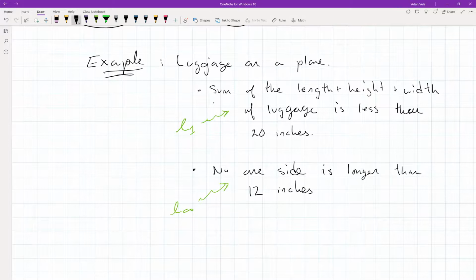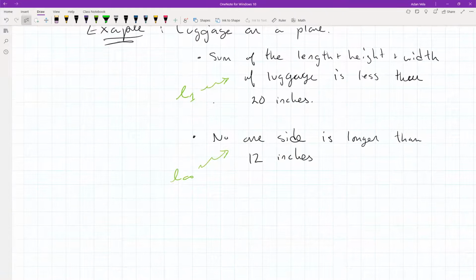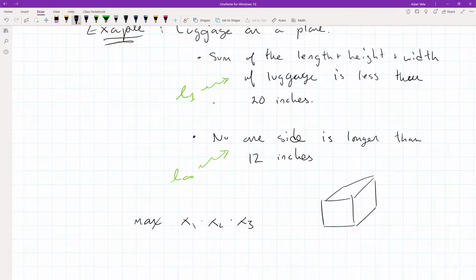So if we had a piece of luggage and our goal was to maximize the volume, we might say, let's maximize x1 times x2 times x3, which is the volume of our luggage, where x1, x2, and x3 are the dimensions: the length, width, and height.